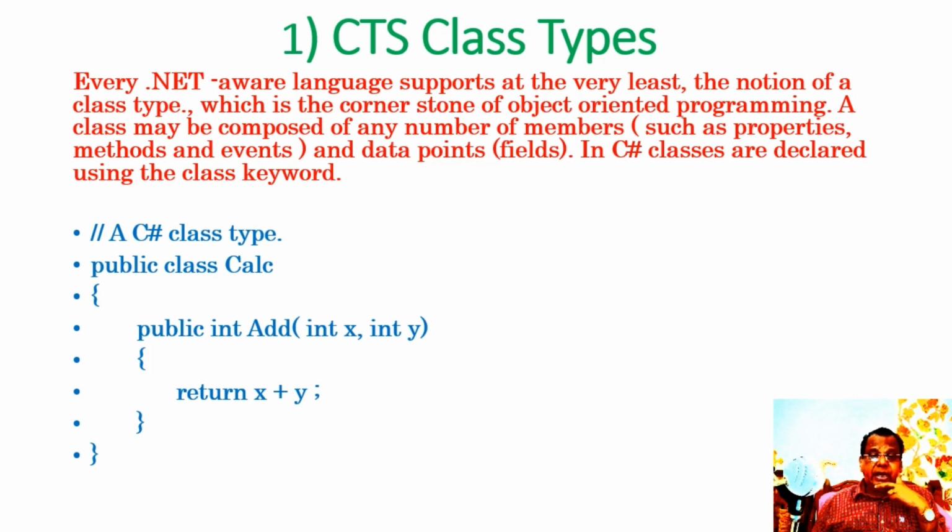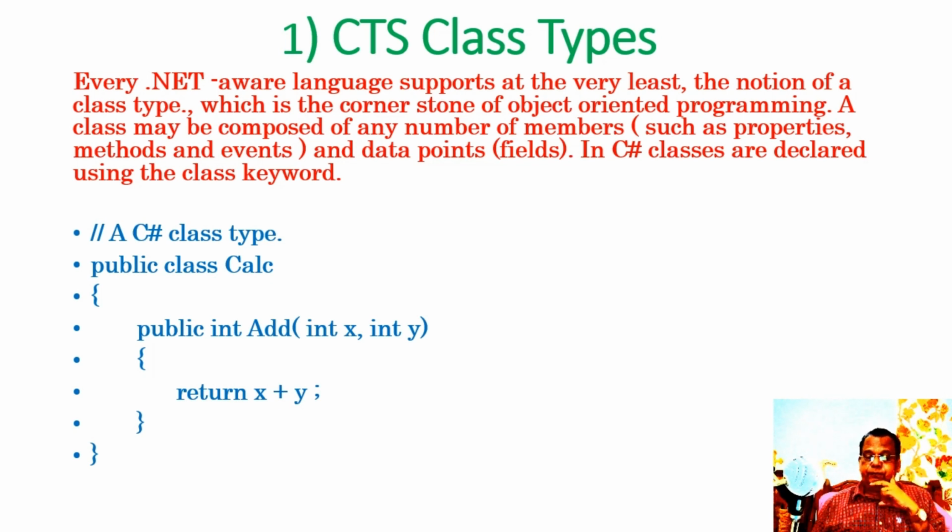Every .NET aware language supports, at the very least, the notion of a class type. It's very fundamental in every .NET aware language, which is the cornerstone of object-oriented programming.